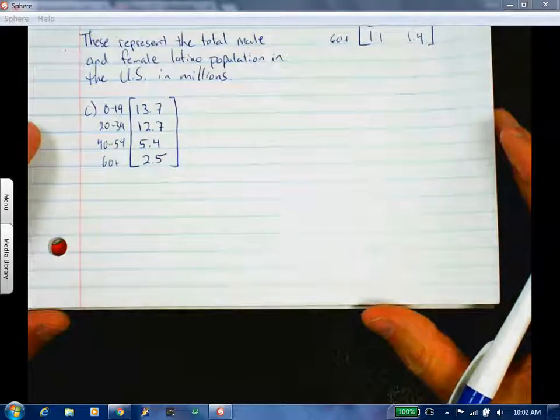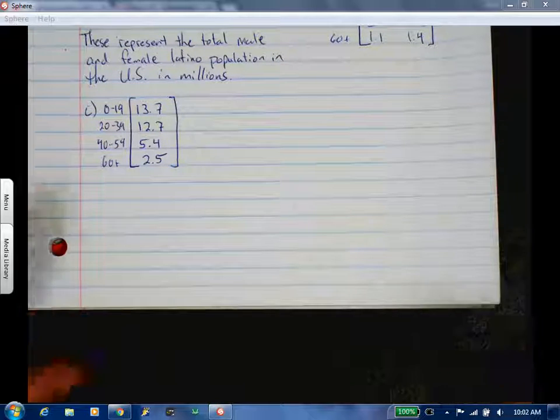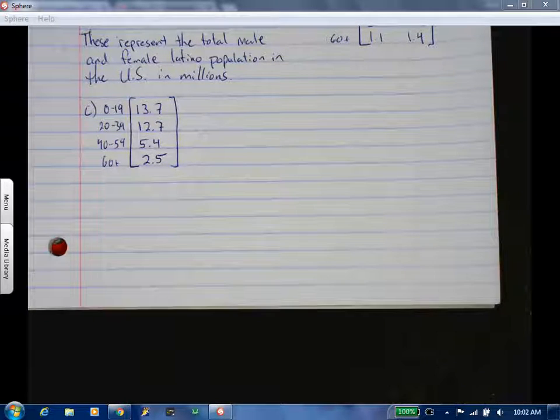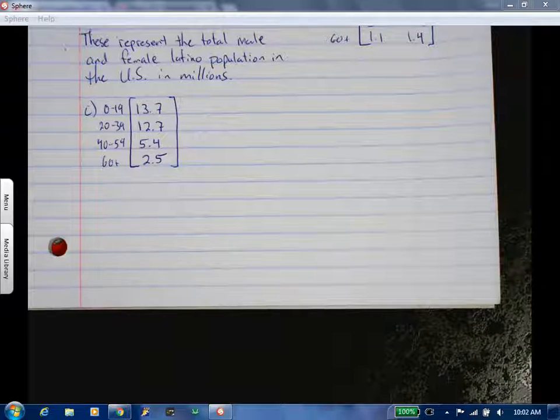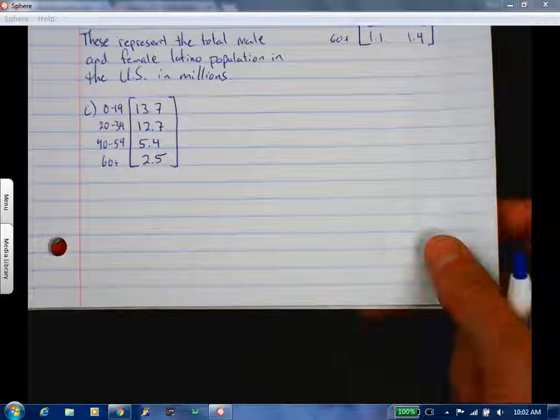You agree with my numbers? Top one. 2.7. 2.6. 1.1 plus 1.4.